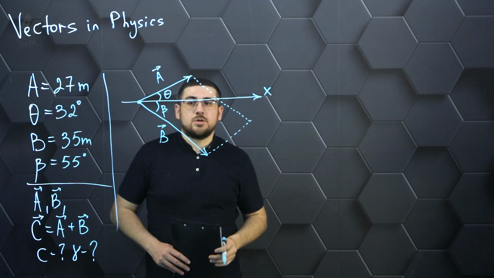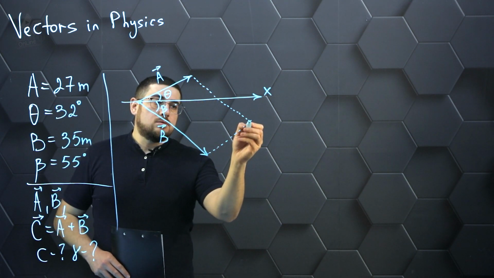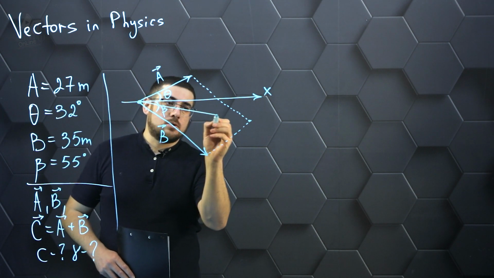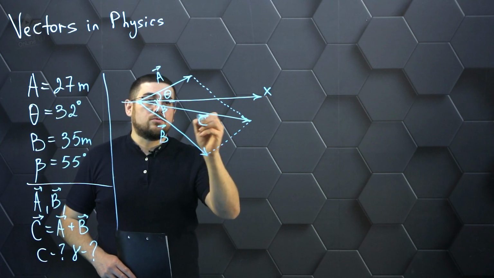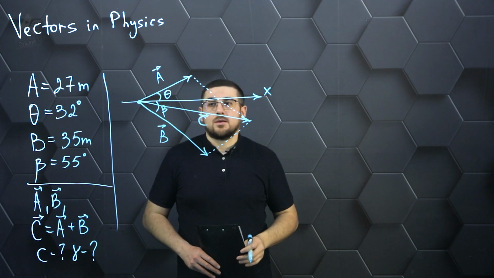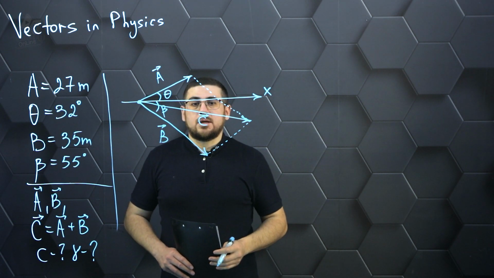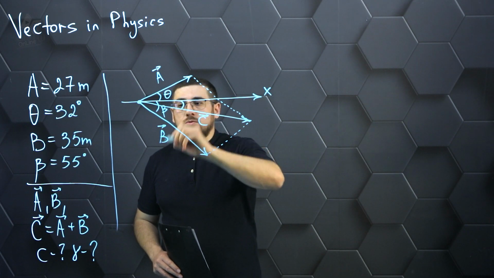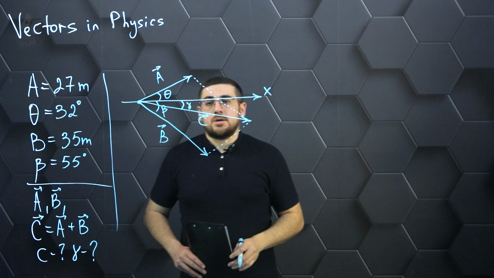So, schematically, we receive this figure in this way, and we draw the diagonal of the parallelogram, which will show us the sum of vectors, vector C. This diagonal of the parallelogram, and accordingly the sum of vectors, is located under the angle gamma, which we will define later, to the x-axis, and has its length.